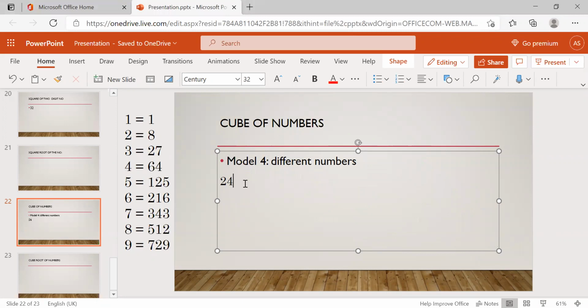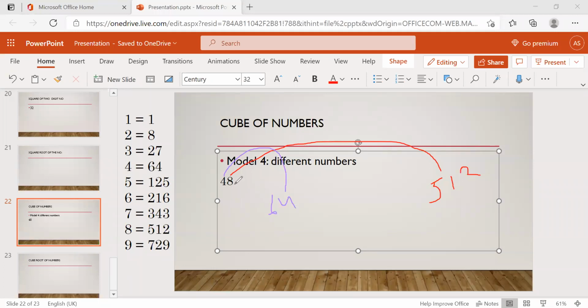Okay. Next, take 48. Then first number cube. What is the cube? 512. And second number cube is 64.